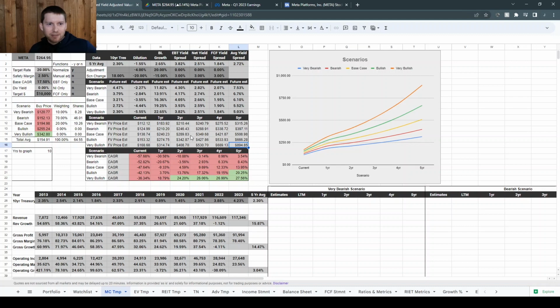So yeah, I think it's one that I could have easily held on to and just said, you know what, I'm going to let this play out, see if the thesis works out. I am happy that I trimmed it though. Maybe next time I wouldn't trim it as much, but I really want to start working on waiting to realize the full potential of stock returns when I'm right, because I don't want to get in a position where I keep on cutting my winners too early and then my losers continue running.